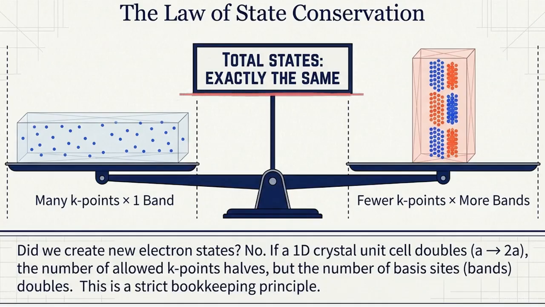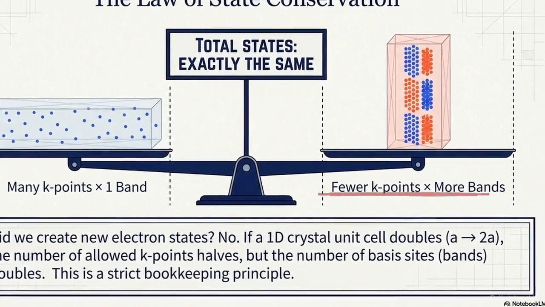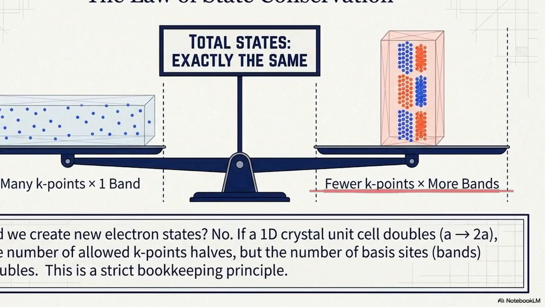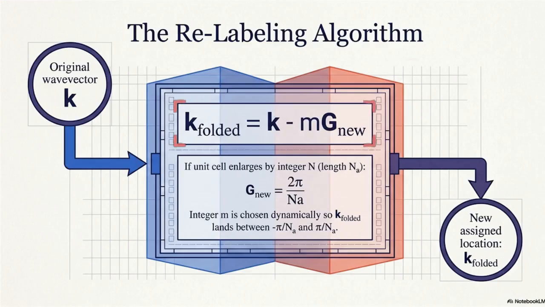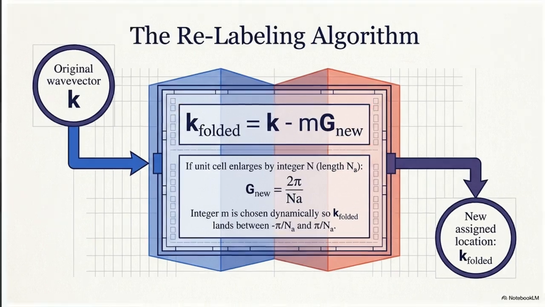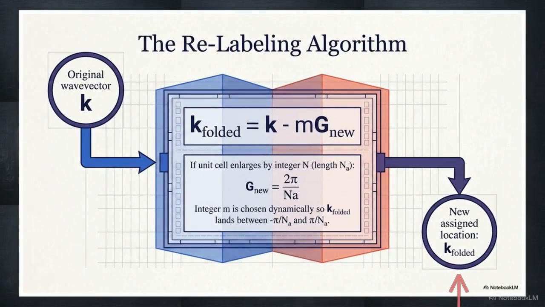Under the law of state conservation, altering spatial boundaries cannot create or destroy electron states. If a one-dimensional unit cell doubles in real space, the allowed momentum points halve. To compensate, the energy bands must double, perfectly maintaining the total state inventory. Because the total number of states is identical, the system uses a relabeling algorithm to fit the original states into the newly restricted zone.